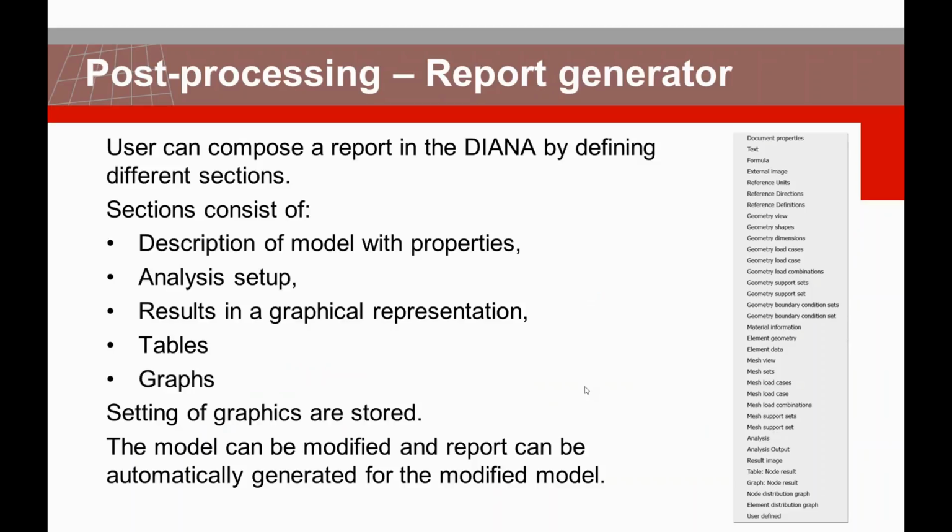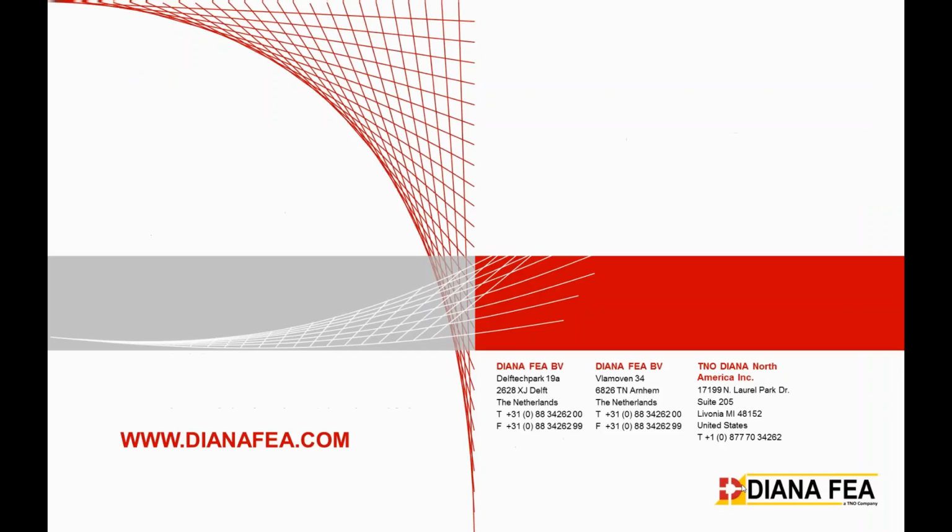You can define your geometry, your material property table, loads, boundary conditions, graphs, mesh, tables, and many more. All this setup can be selected and assigned in your report, and then you can save it with the specification of your project. And anytime you make any modification in the model, the program automatically updates the report based on the new modifications.